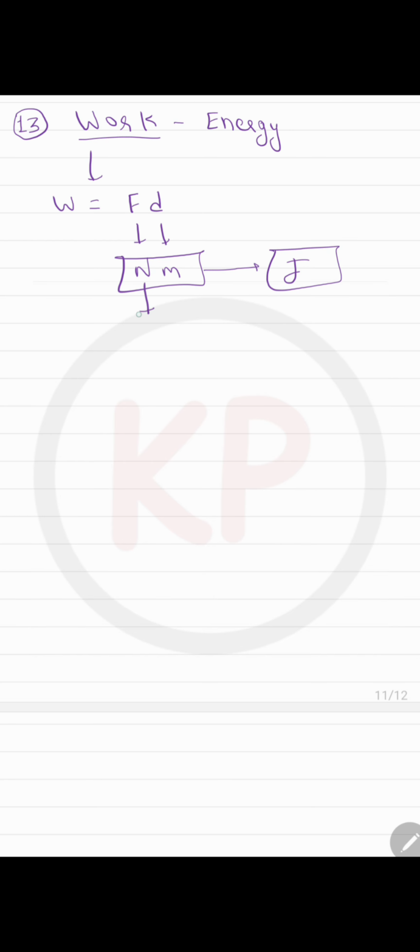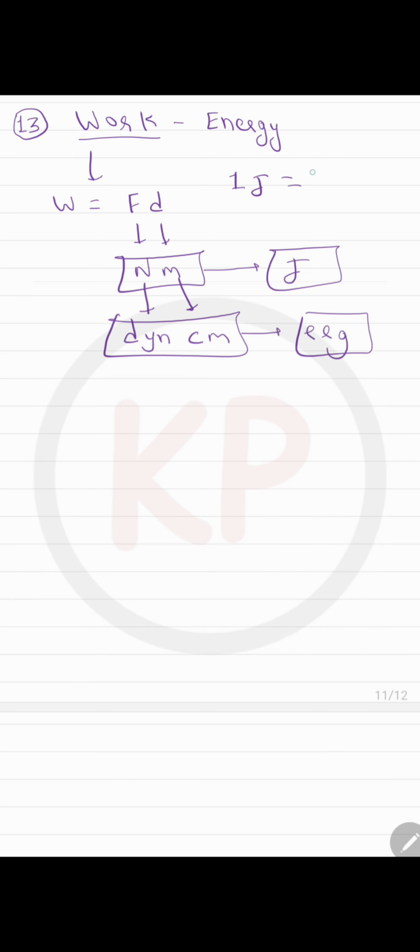In CGS, Newton is dyne and meter is centimeter. So dyne into centimeter is called erg. There is a relation between these two also: 1 joule is 10 raised to 7 erg. You can remember this way: Newton is Lakhpati and joule is Karodpati.